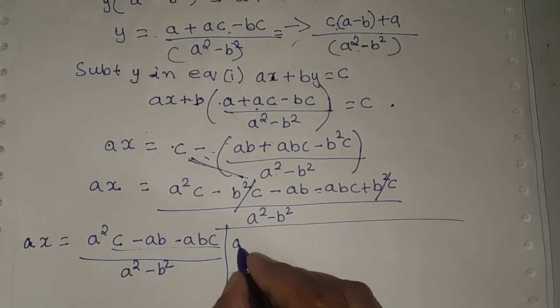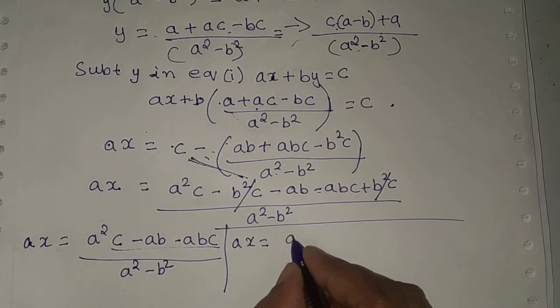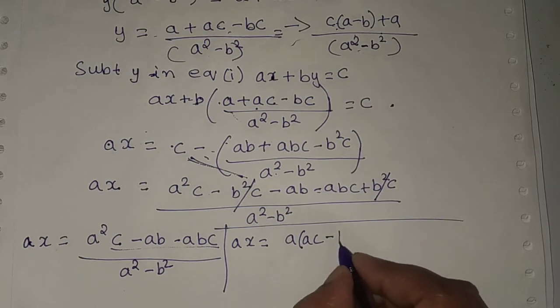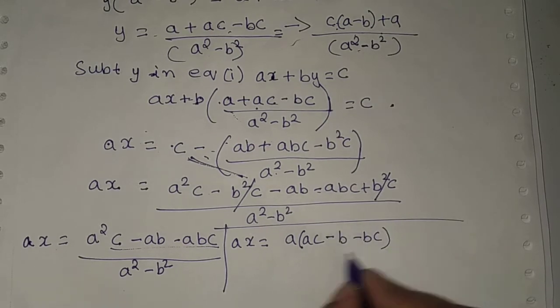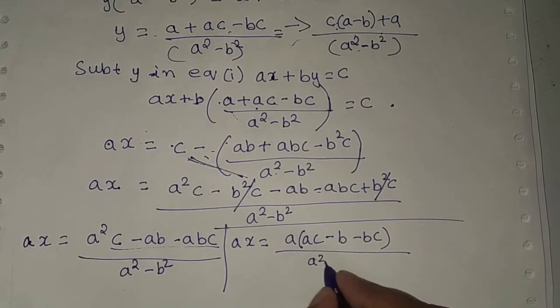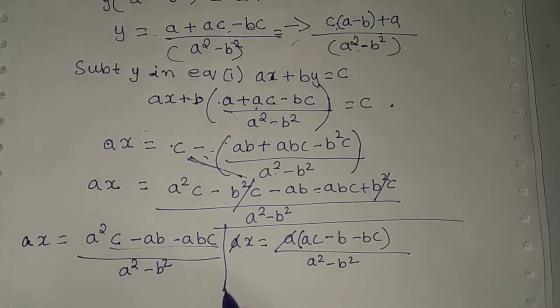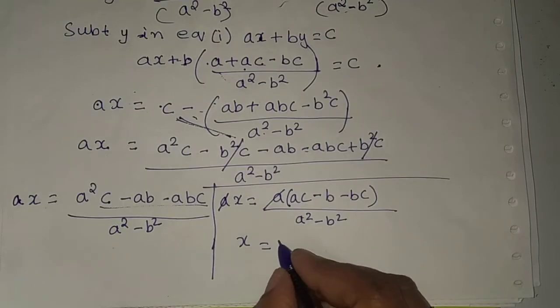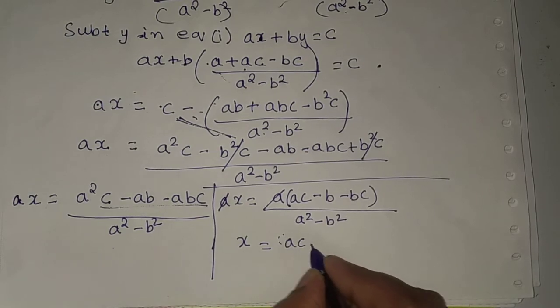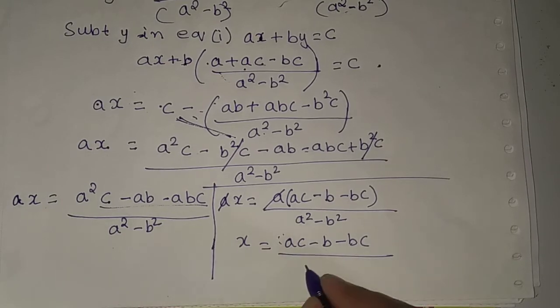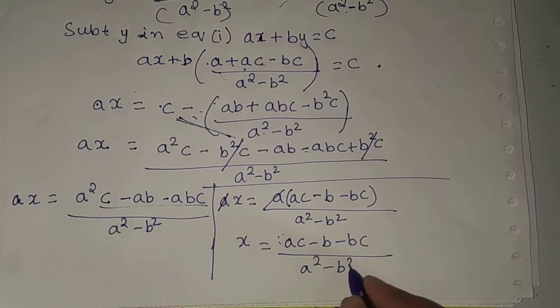So take a common, means ax is equal to a, then ac here minus b minus bc. So now a square minus b square. So a is common, a cancels. Finally what we get? Therefore x is equal to ac minus b minus bc by a square minus b square.